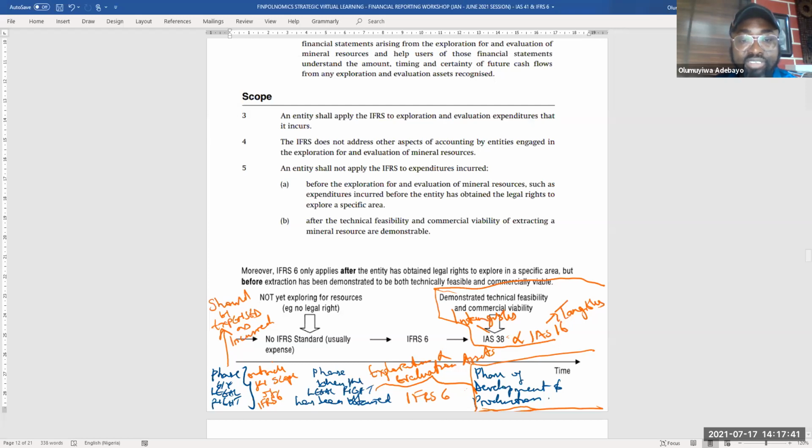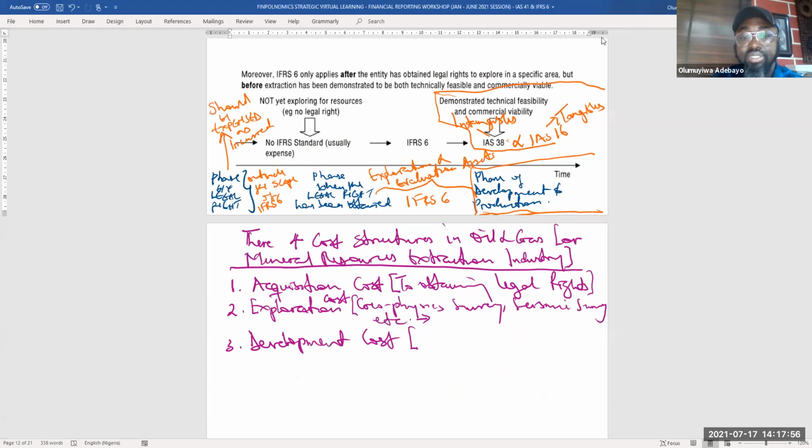The other one is the developmental cost. Development costs.